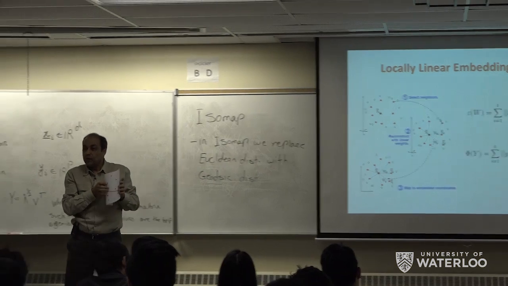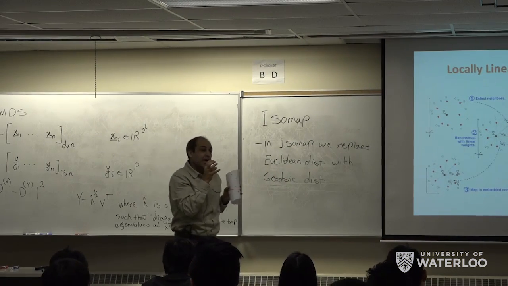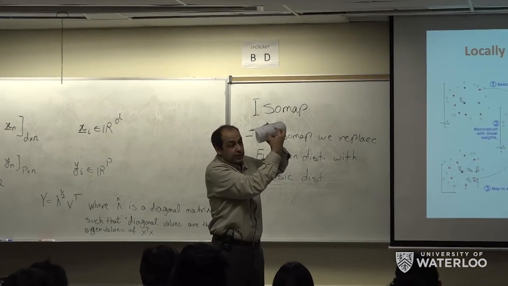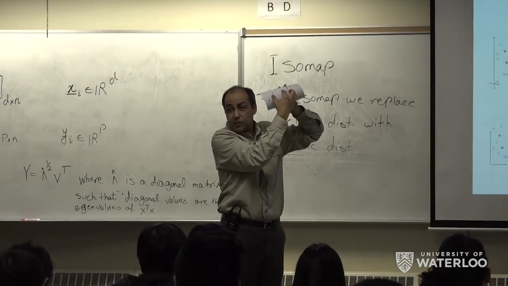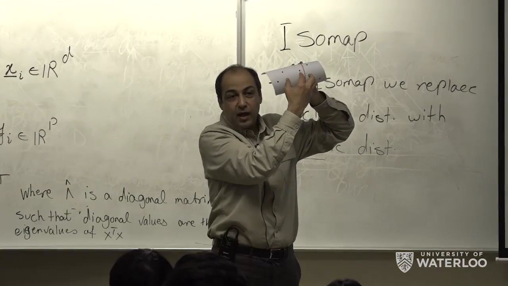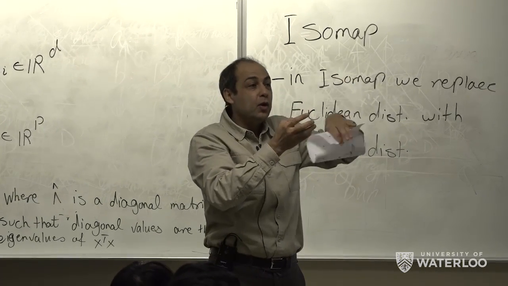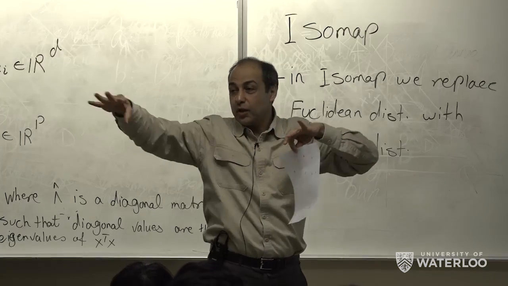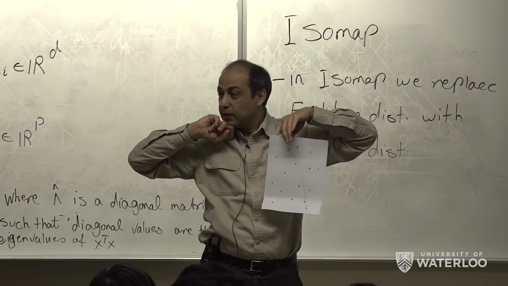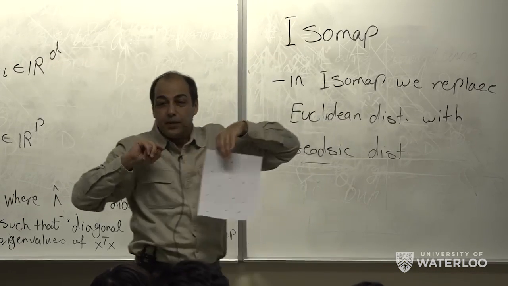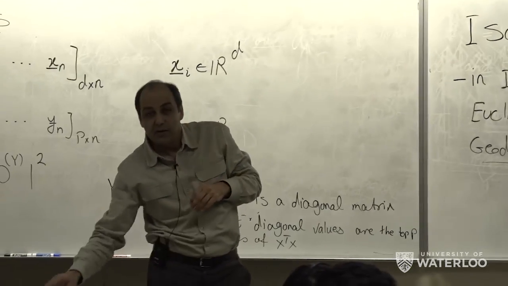So what if I capture the geometry of a small, nonlinear patch, and then try to put all of these patches together in low-dimensional space? It's like piecewise regression.